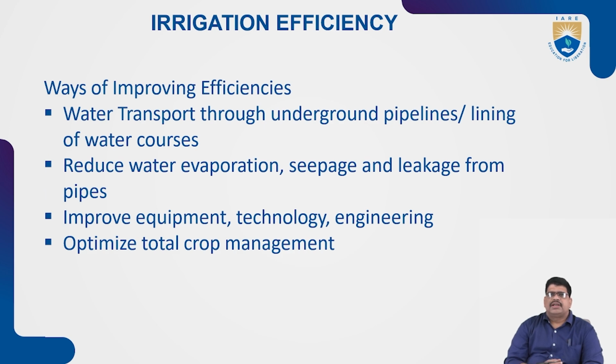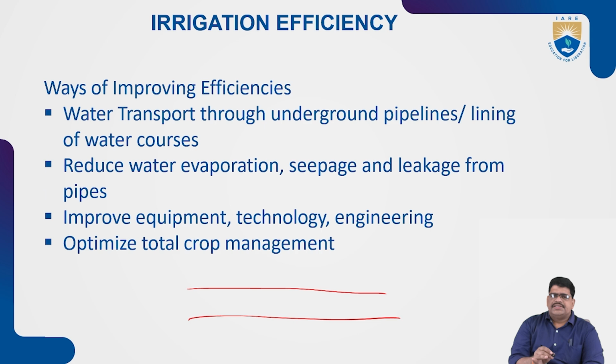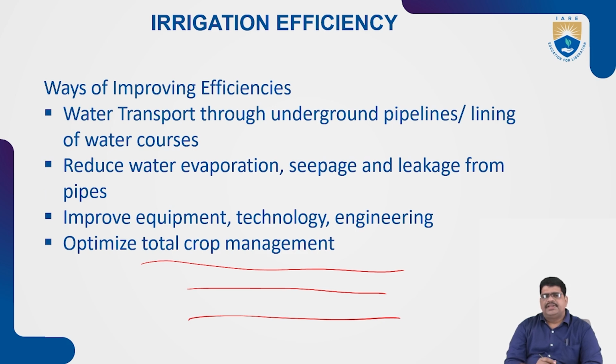Water transport through underground pipelines or lining of the water channels. In an underground pipeline system, it cannot be damaged physically, and damages will be less when compared to laying the pipe on top. Not only that, it can be protected from weather effects, whether it is temperature effect, whatever it is, by laying the water pipeline underground.